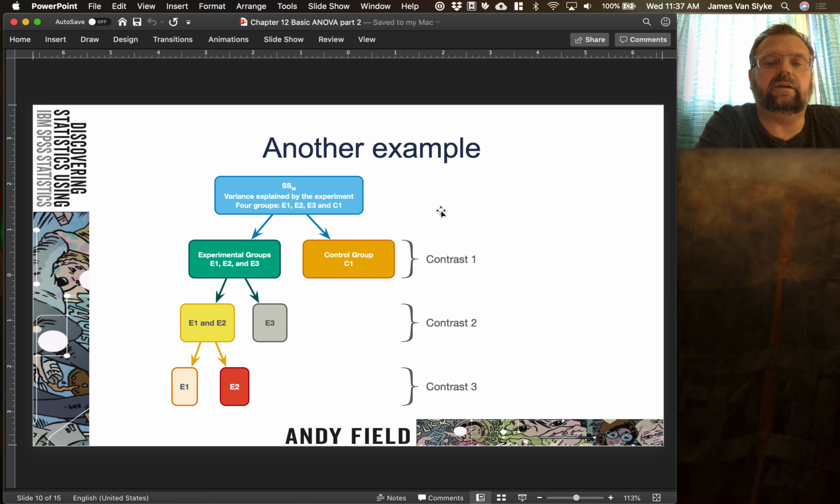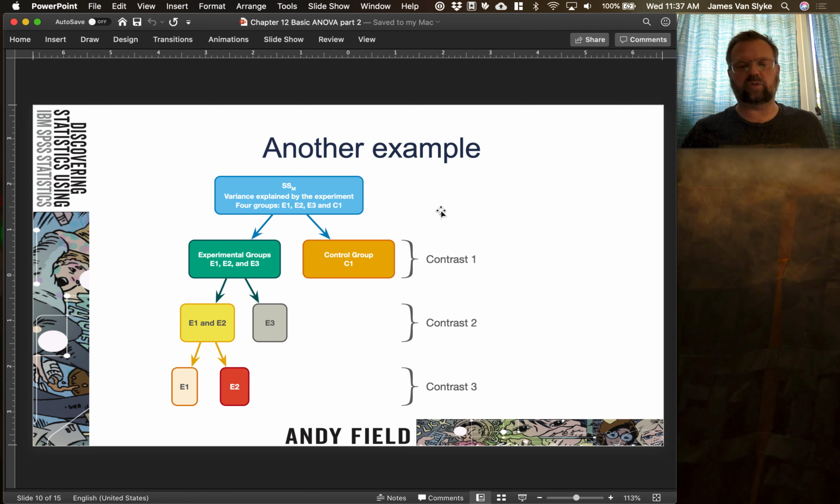Contrast 2, we ignore the control group and now put groups E1 and E2 together and compare that to E3. And then finally, for the third contrast, we ignore group E3 and simply compare E1 to E2. And that's the basic way that we go about, for the most part, setting up these kinds of contrasts.